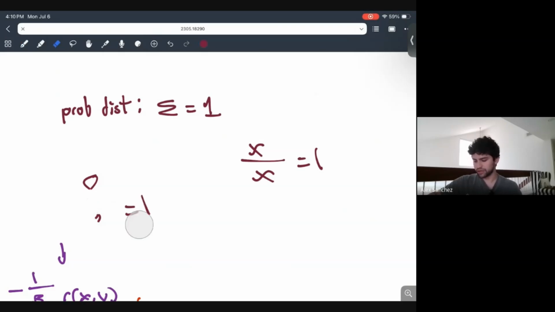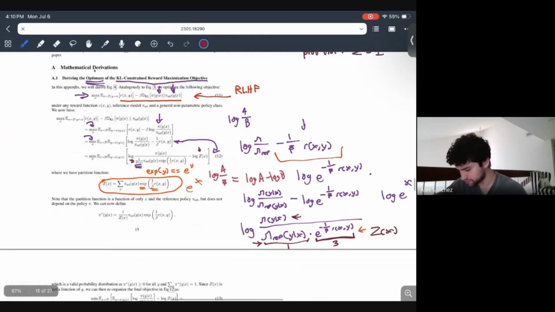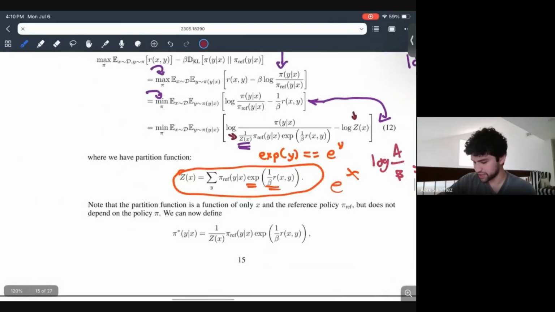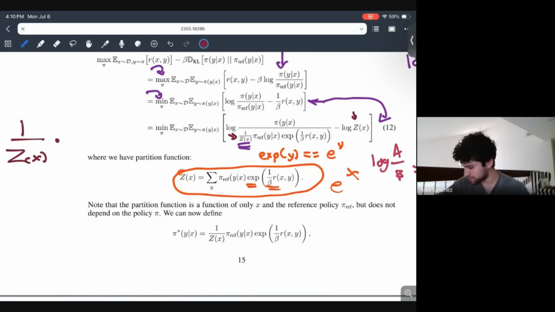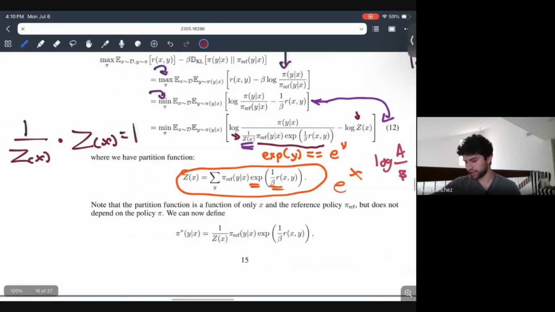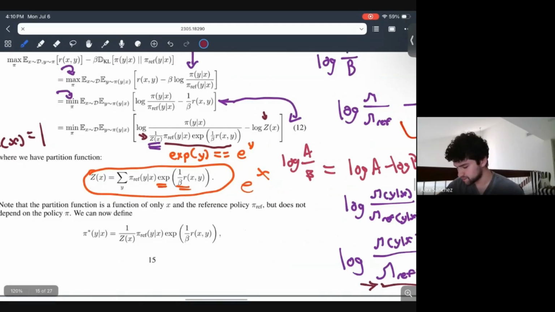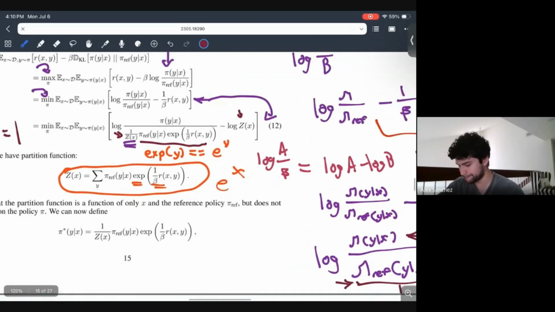And so that's why you realize what they have here is basically, in the denominator, 1 over z of x times this part right here, which ends up being z of x. And now you know this is equal to 1, or like the summation of it is equal to 1. So that's basically that.